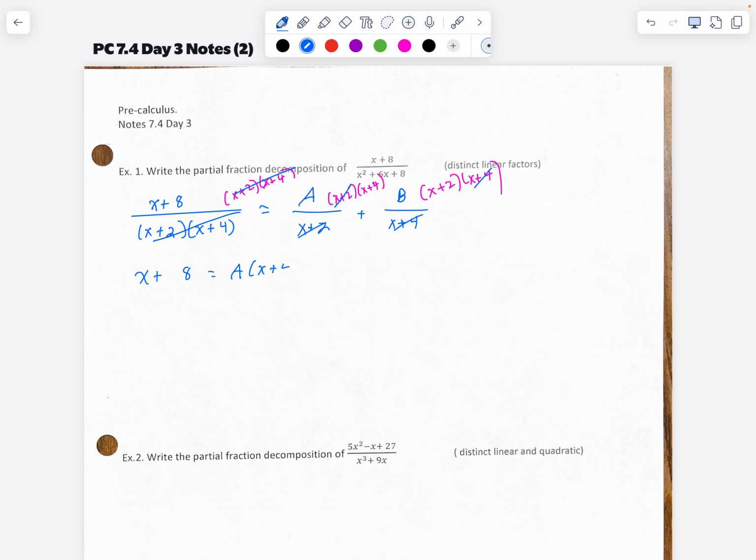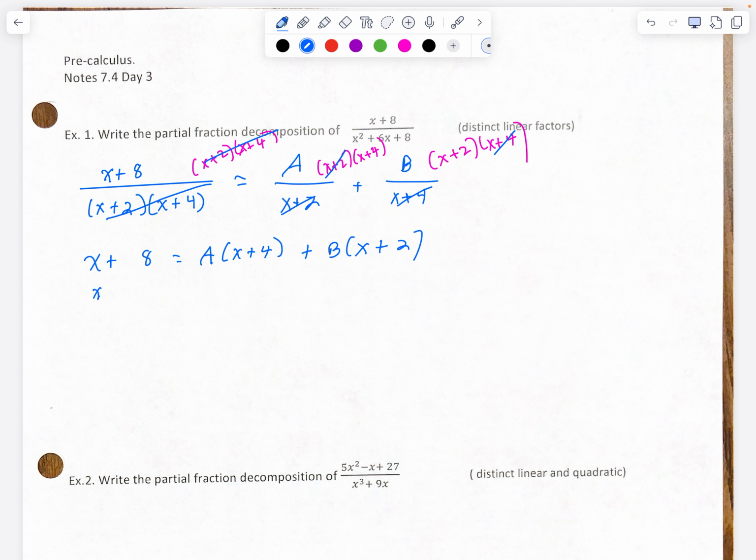You can use substitution, elimination to solve it. I'm going to come up here and I'm going to take equation 1 times a negative 2. And then we add. And we get A is 3.